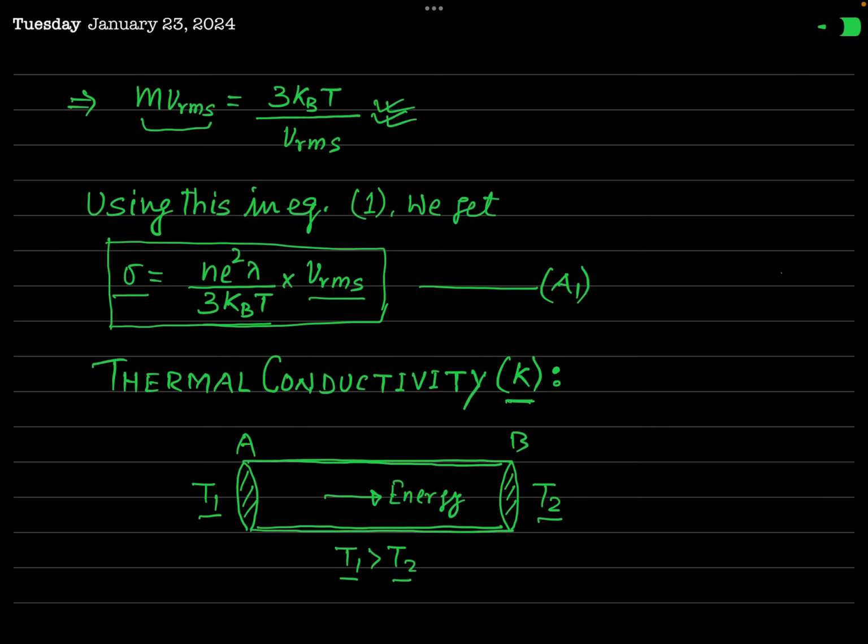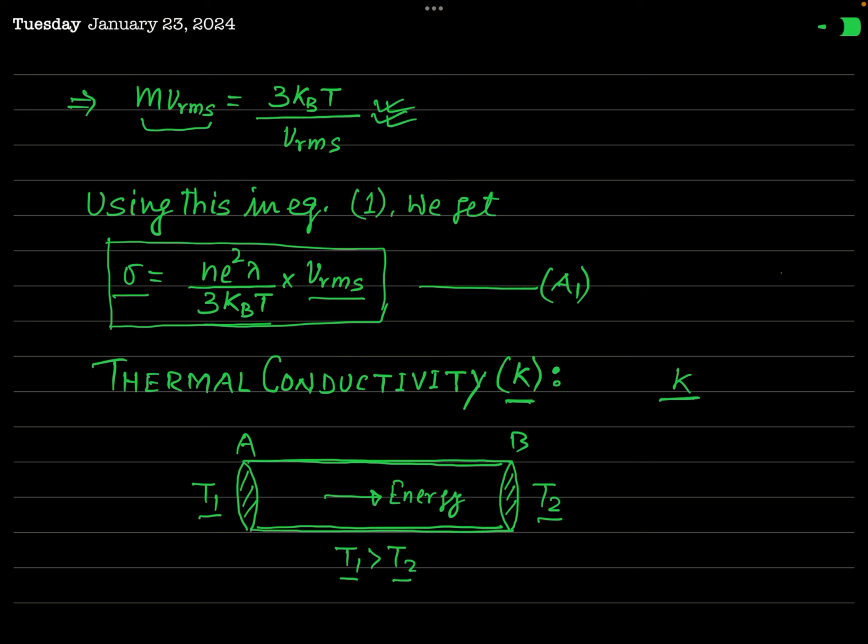You will get videos on transport phenomena and on thermal conductivity. And there you will find the thermal conductivity obtained by using the kinetic theory of gases.